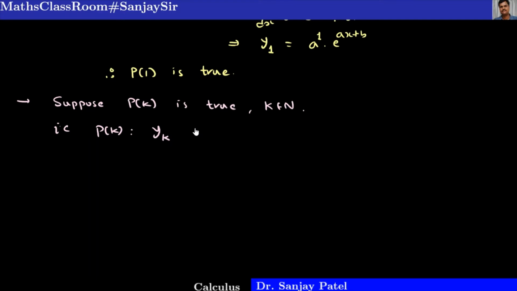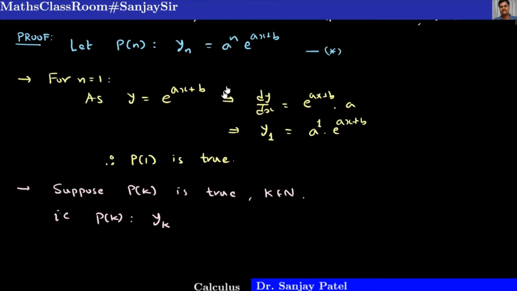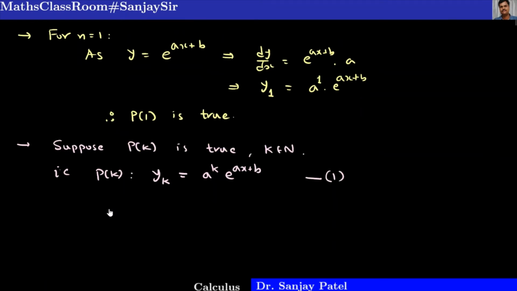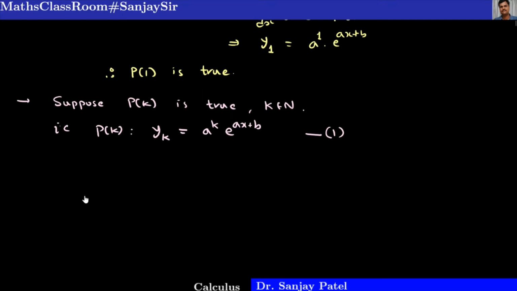So we just put n equal to k in this star, and we assume that this P of n is true for n equal to k. So yk is equal to a raised to k into e raised to ax plus b. Let us call this result number 1. We always call the statement Pk, which we are assuming as true, result number 1.